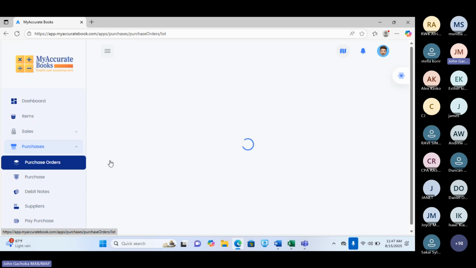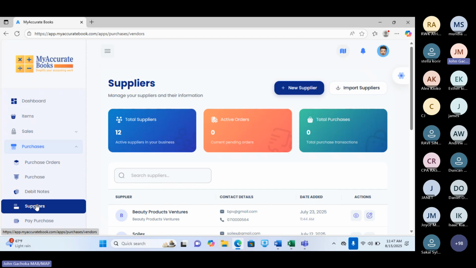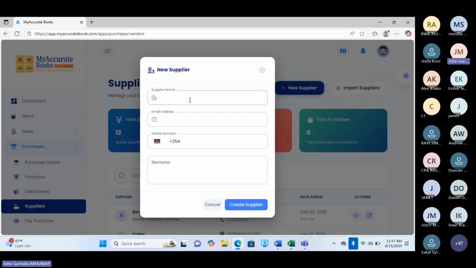That is why I was saying it is important that you have details of your client. With suppliers, you could be having an individual supplier. So it would mean you indicate basic individual information, their name, email address and contact, or maybe their name and contact.